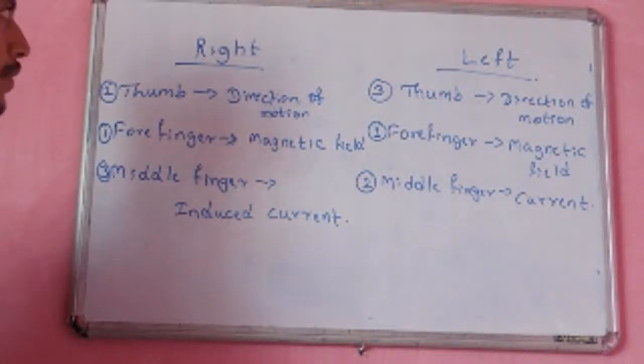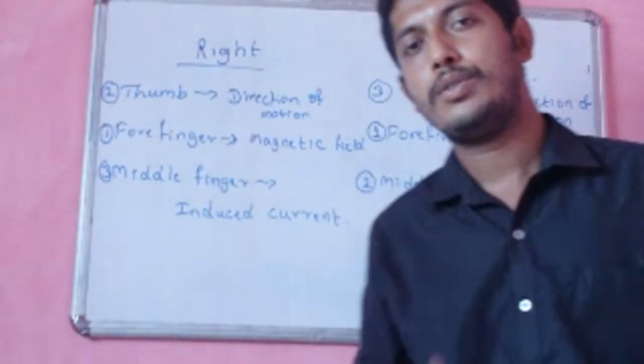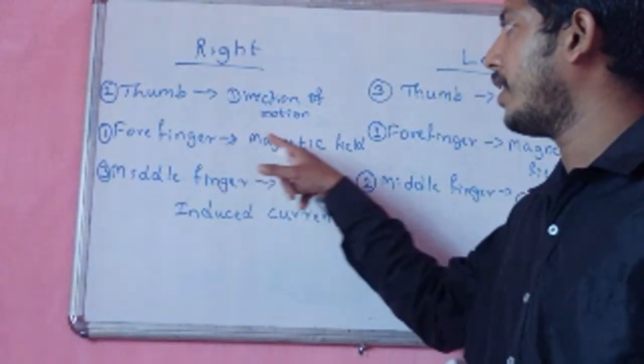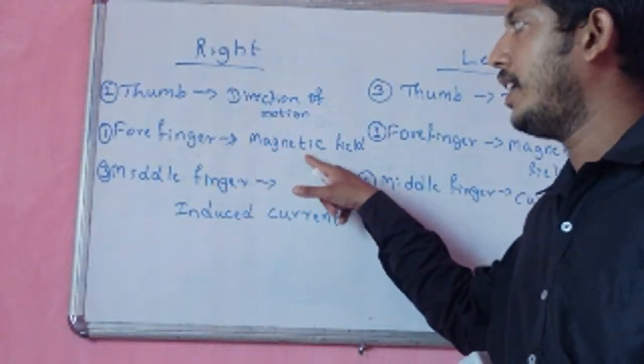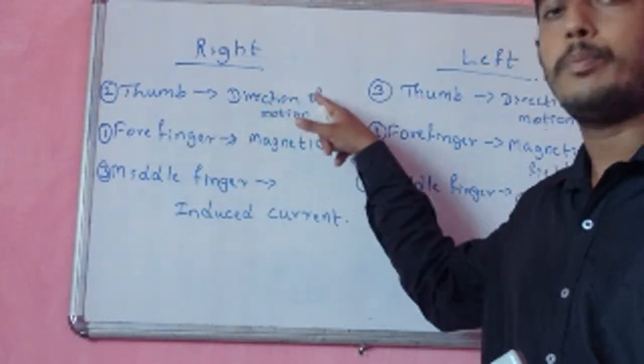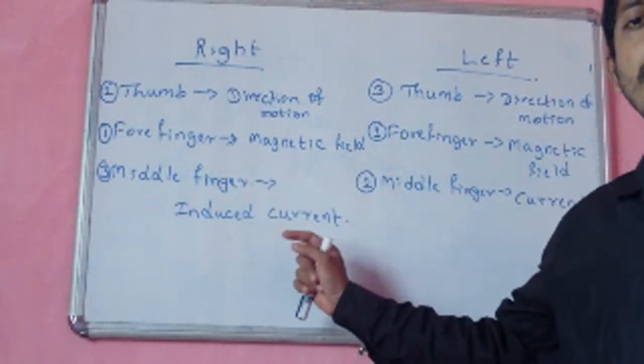So according to Fleming's right hand rule, when you hold the first three fingers of the right hand mutually perpendicular to each other, the forefinger represents the direction of the magnetic field, the thumb represents the direction of motion of the conductor, and the middle finger represents the direction of the induced current.